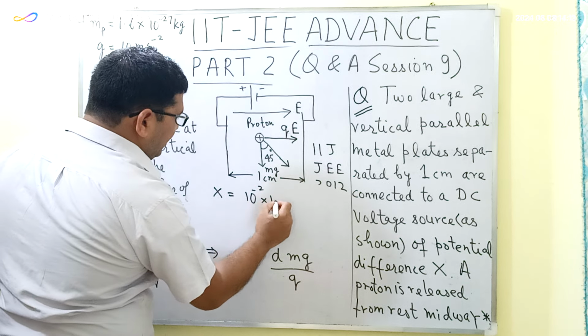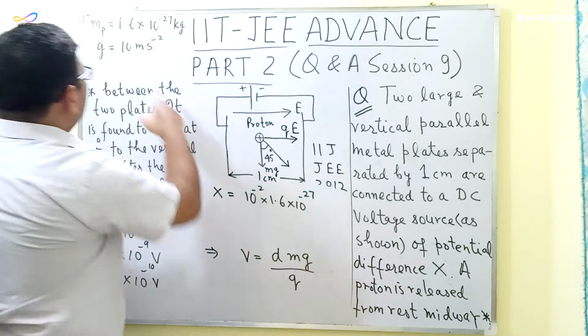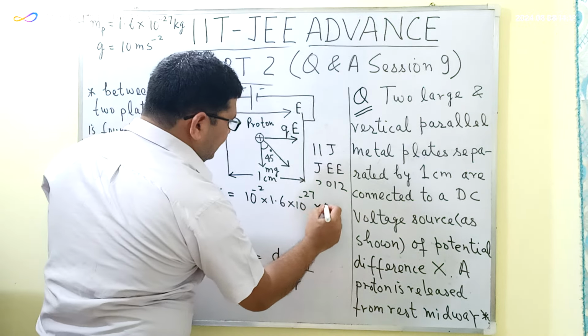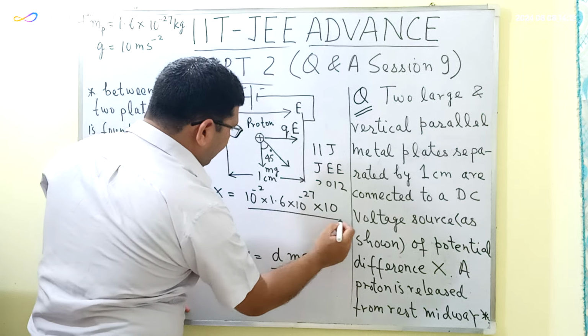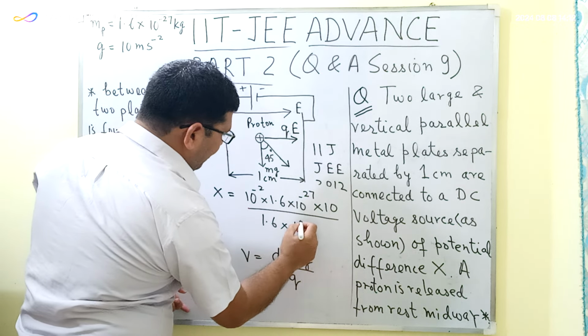The mass of the proton is to be taken as 1.6 into 10 to the power minus 27. This was given in this question, and the value of G is to be taken as 10 meter per second square, divided by the charge on the proton, which is equal to 1.6 into 10 to the power minus 19.